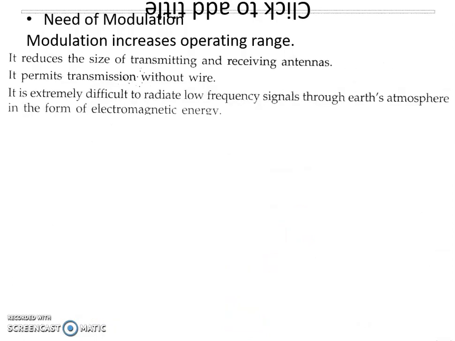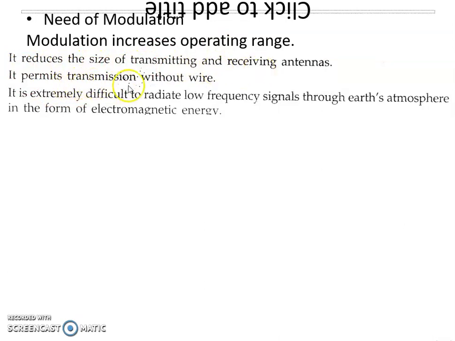Now let us see the need for modulation. What is the necessity of modulating the transmitting signal? A very important necessity of modulation is that it increases the operating range. Modulation also reduces the size of transmitting and receiving antennas.